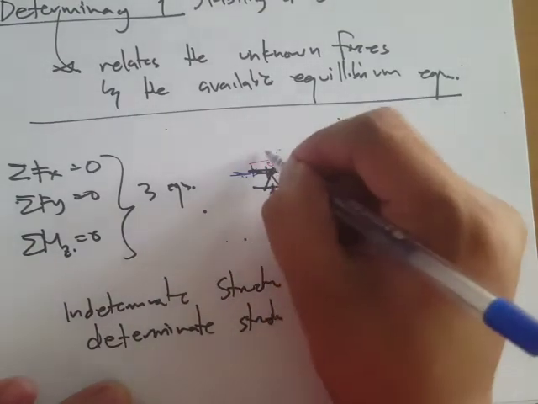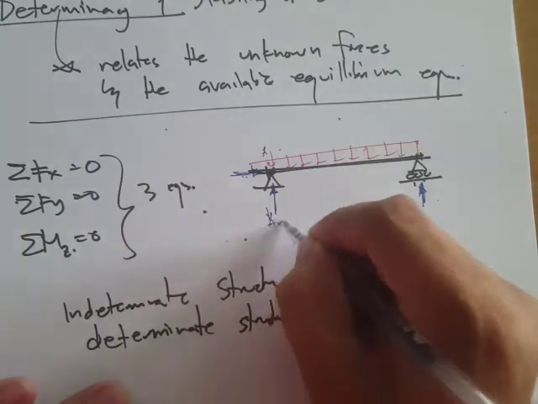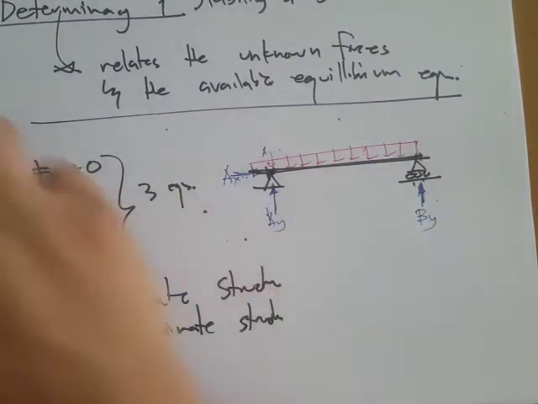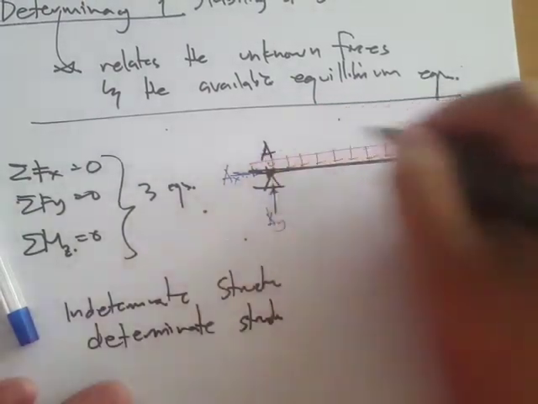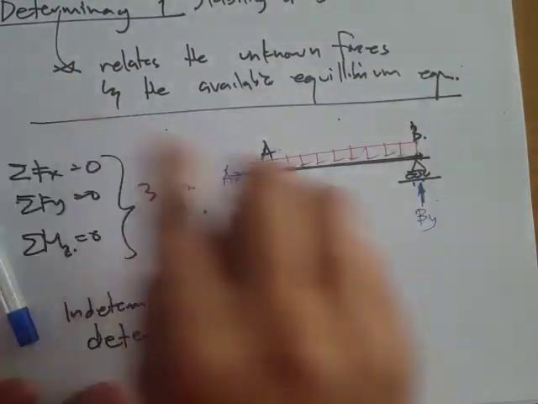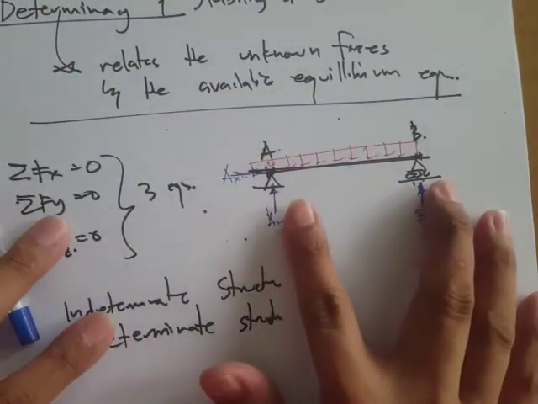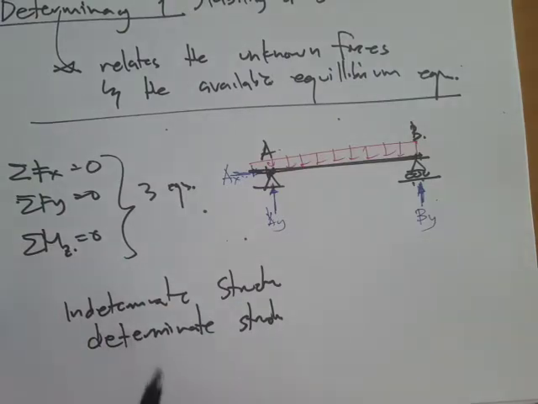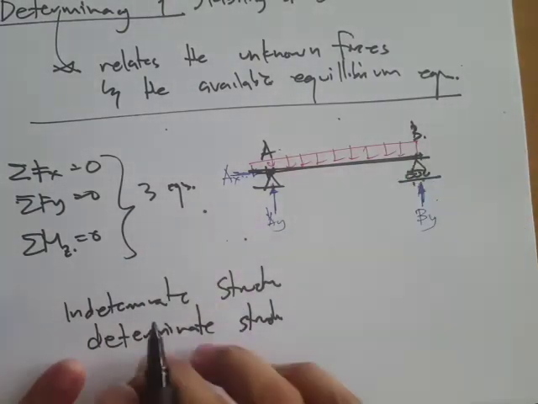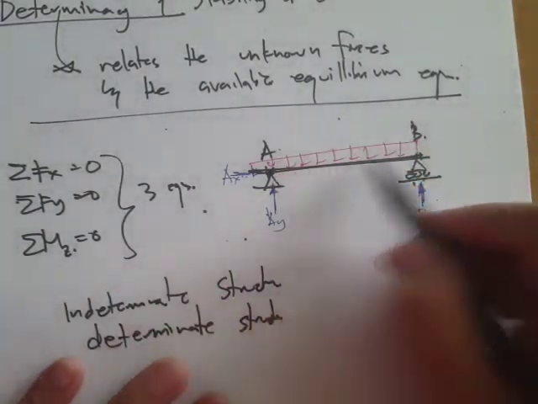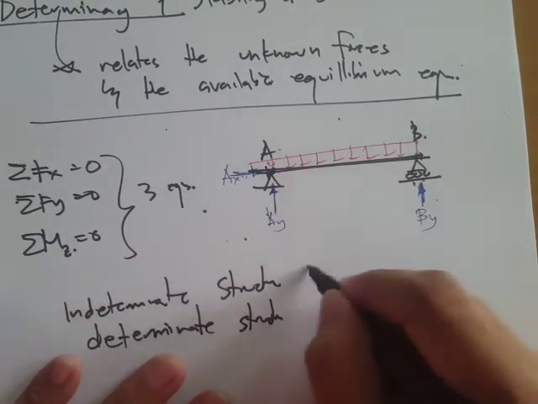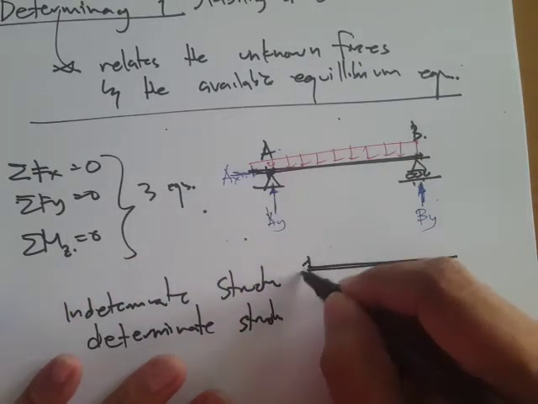Let's call this point A and then point B, so AY, AX, and BY. We have three support reactions and three equations of equilibrium, so we can solve the forces using the equilibrium equations alone. But for, let's say, a beam that's fixed.